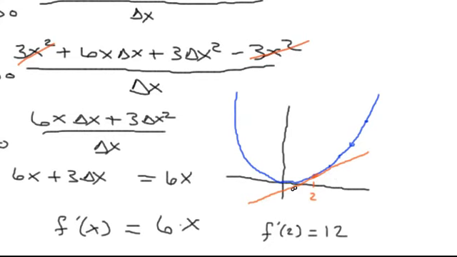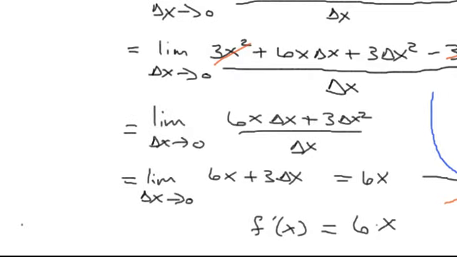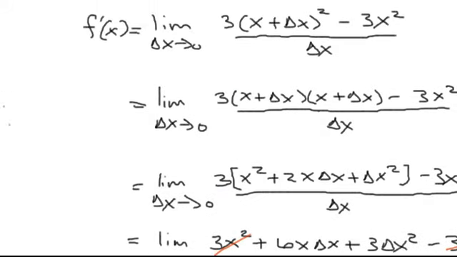But anyway, this line right here would have a slope of 12, and this is your tangent line. I think in the next section on tangent line problems, we'll be talking more about this, but you got the idea of how to find the derivative using the definition, and that's what this main section is over.